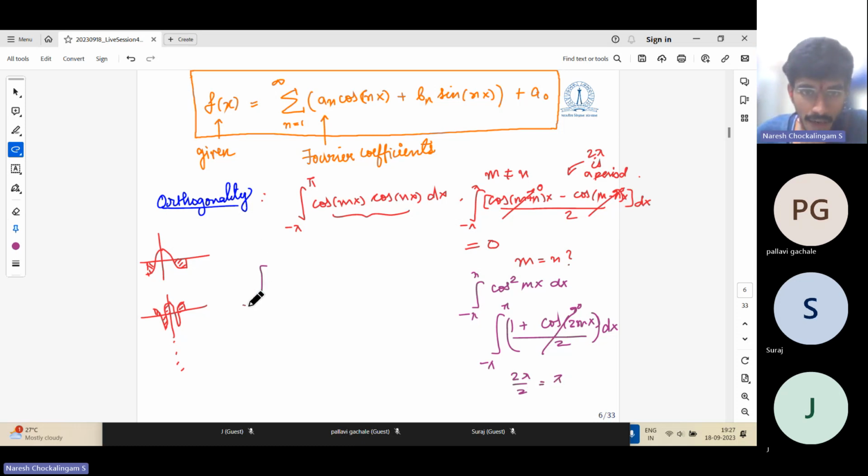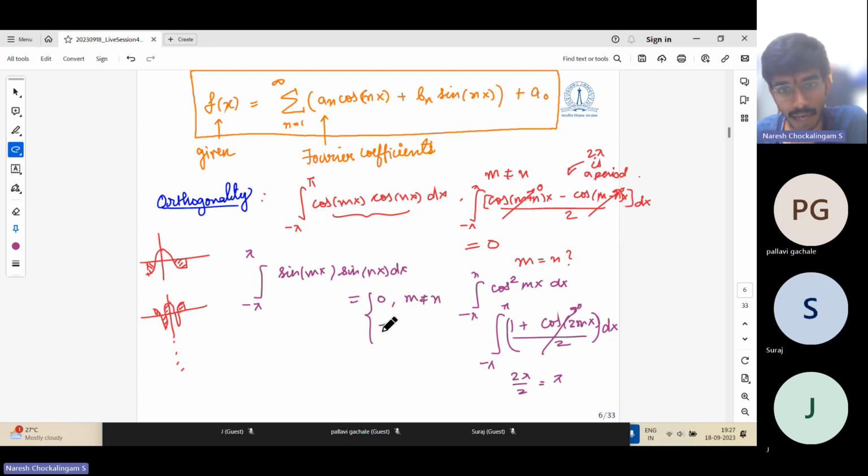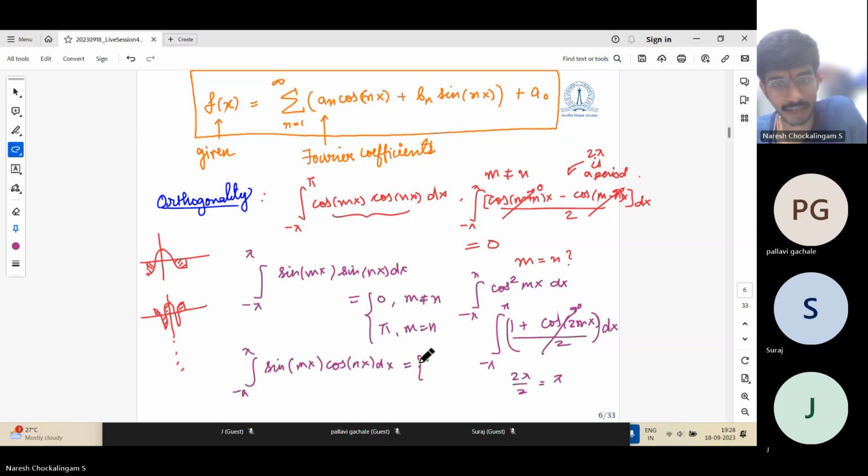Similarly, you can show that the integral from minus pi to pi of sine mx sine nx dx is also equal to 0 if m is not equal to n and pi if m is equal to n. And the integral from minus pi to pi of sine mx cos nx dx is always 0 regardless of what m and n are.